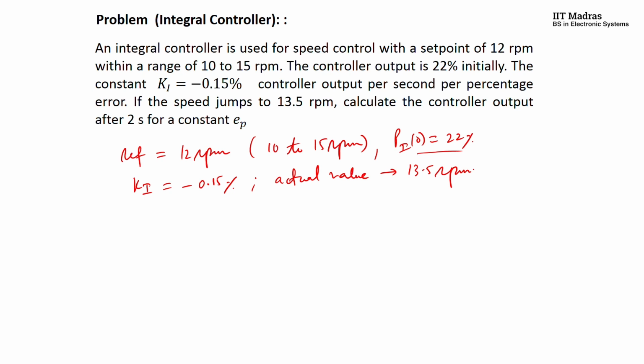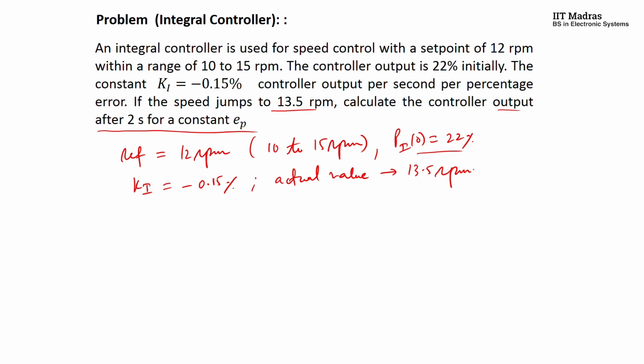And now, if the actual value of the speed jumps to 13.5 rpm, how does the integral control work here? That's what we need to find out. If the speed jumps to 13.5 rpm, calculate the controller output after 2 seconds for a constant error. That means it jumps to 13.5 from 12 rpm and remains constant for 2 seconds.